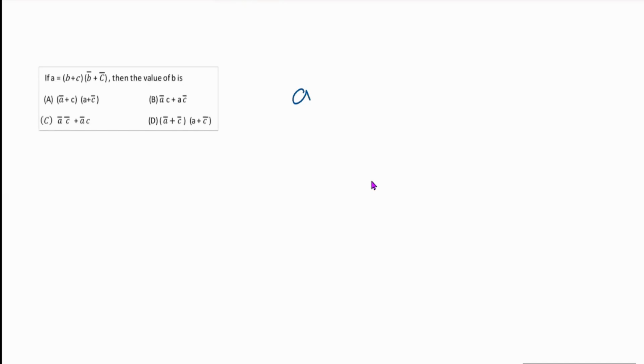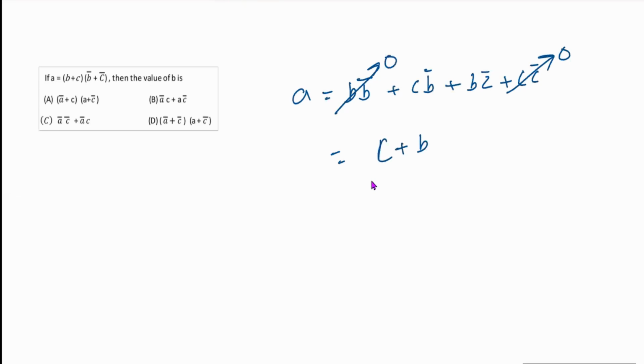So you need to do your calculation in such a way that this side will be B only. If I expand this, I will get B into B bar plus C into B bar plus B into C bar plus C into C bar. C into C bar is 0, B into B bar is 0. So I am getting mainly C XOR B.